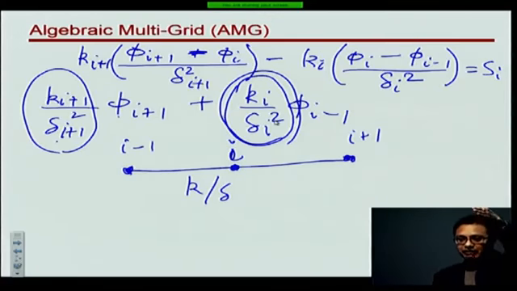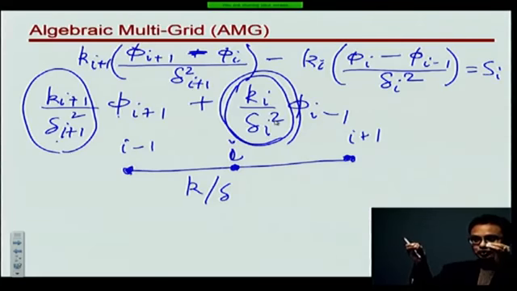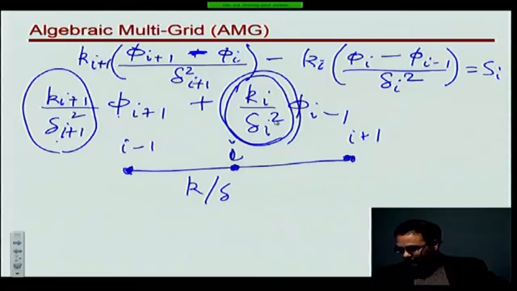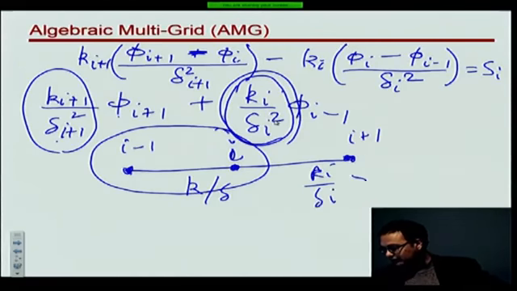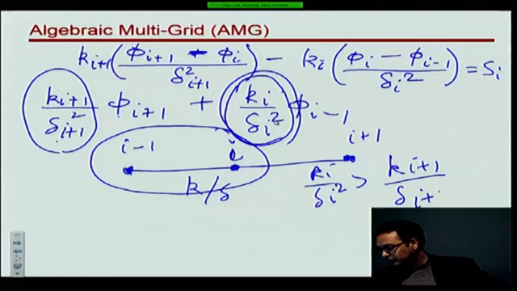So the higher the thermal conductivity, the closer the temperatures will be between those two points. So I should really agglomerate these two if k_i over delta_i is larger than k_i plus 1 over delta_i plus 1 squared.